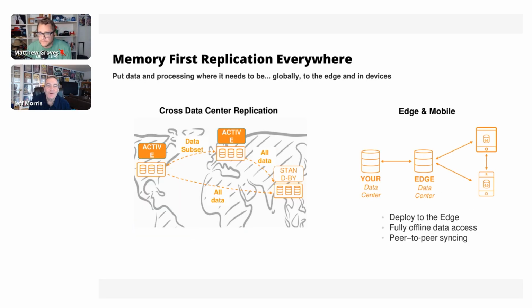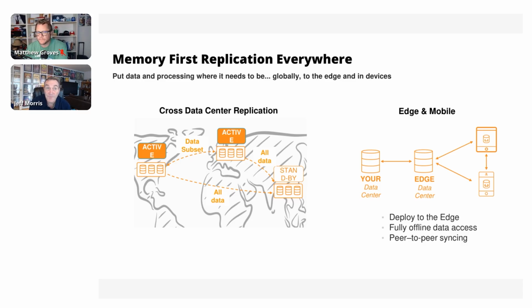All right, and then we talk about our replication capabilities, right? And we've got a couple of questions about, can we geo replicate and things like that? Yes, is the answer. And so with our cross data center replication, you can have your different cloud environments set up in different continents.